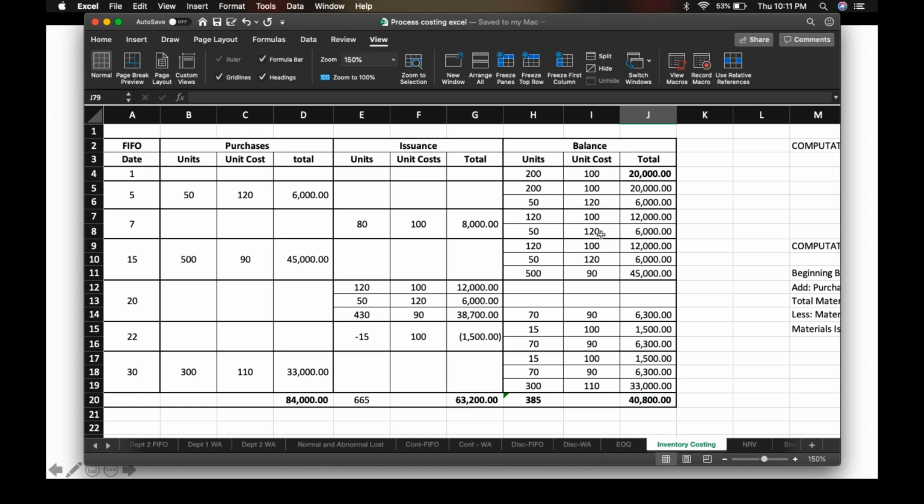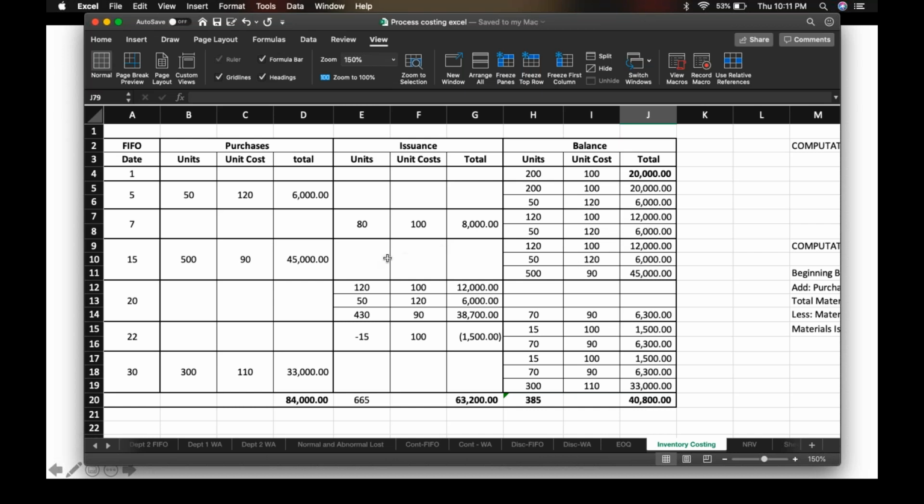So, kumpleto pa siya at 120 pesos. And then say on January 15, we bought another 500 units at 90 pesos. We have to account it also separately. So all in all, we have three kinds of materials or inventory in our stock cards. 120 at 100, 50 at 120, and 500 at 90.